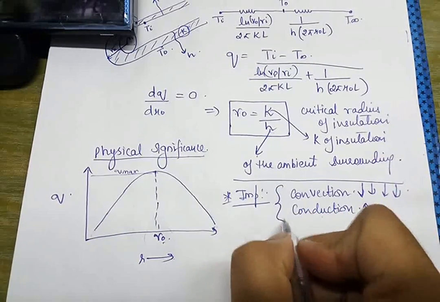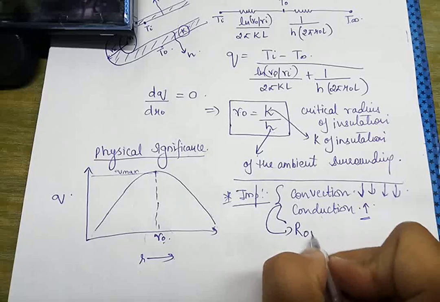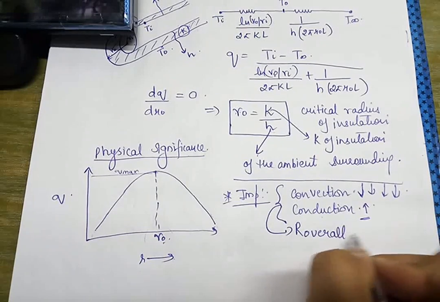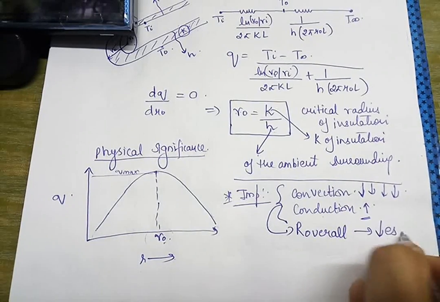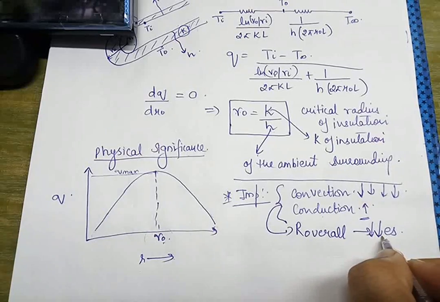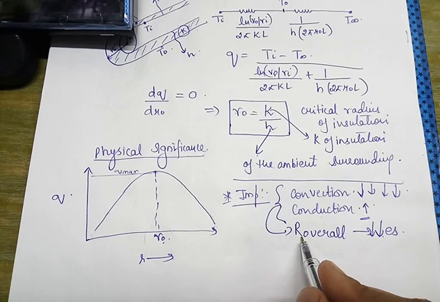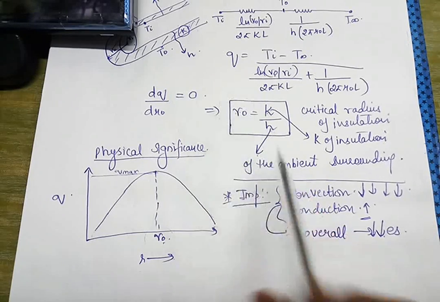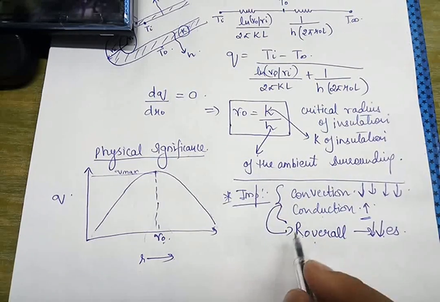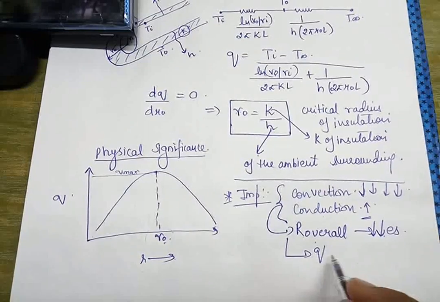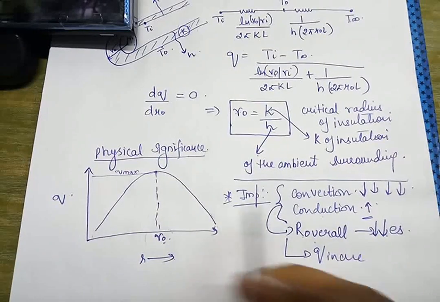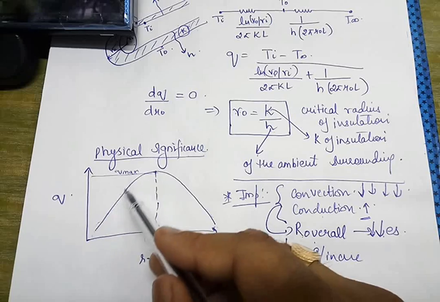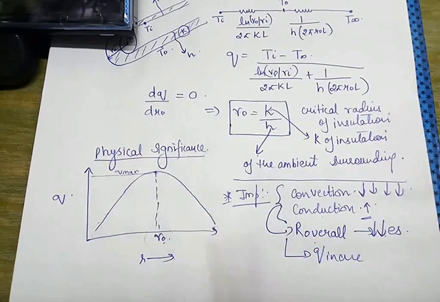So overall, R overall decreases rapidly. R overall is the overall resistance encountered by this heat flow. When it decreases, Q will definitely increase, and that is why we have an increase in the heat transfer rate up to the critical radius.